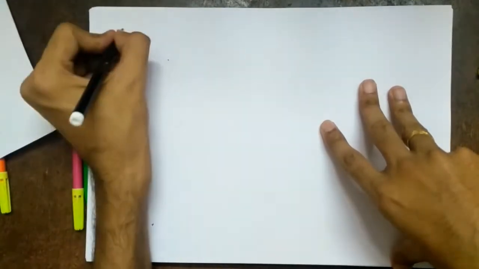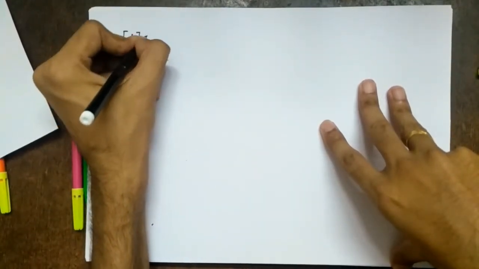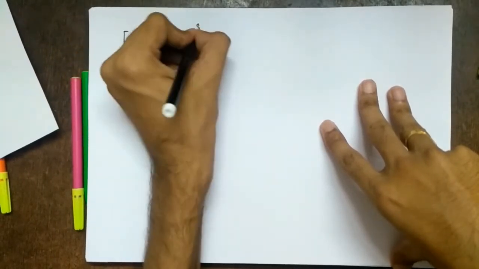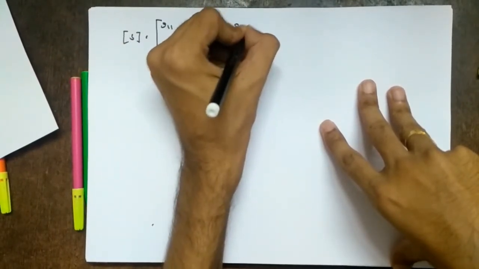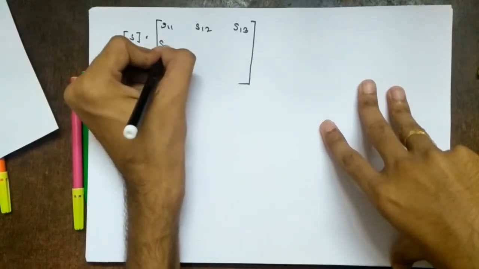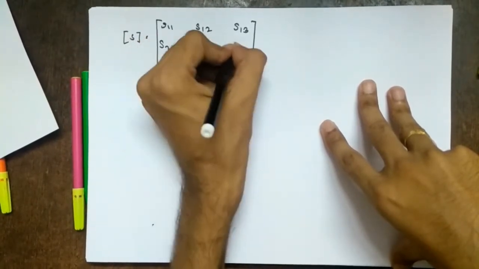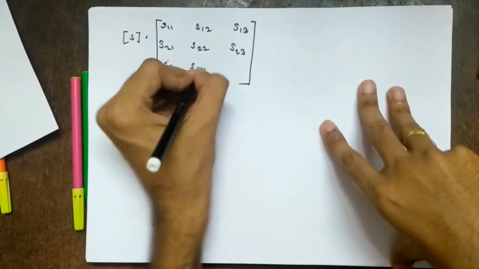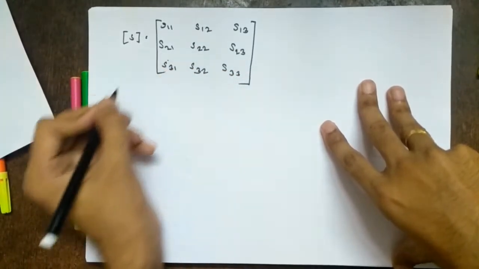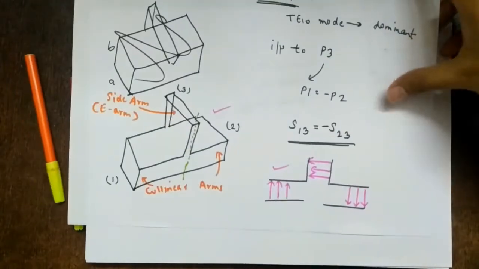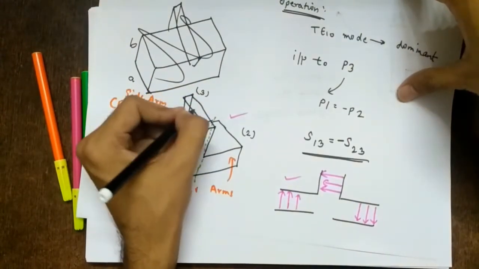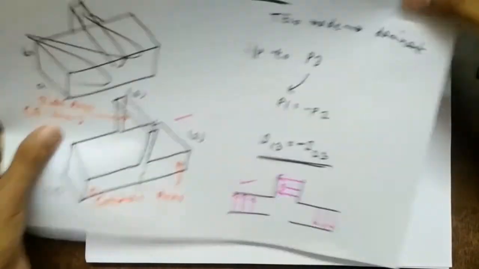So this is a 3-port network. So how will the S matrix look like? Again, it will be S11, S12, S13, S21, S22, S23, S31, S32, S33, right? So again, it is a reciprocal network, and we can assume safely that the port is matched at port 3.